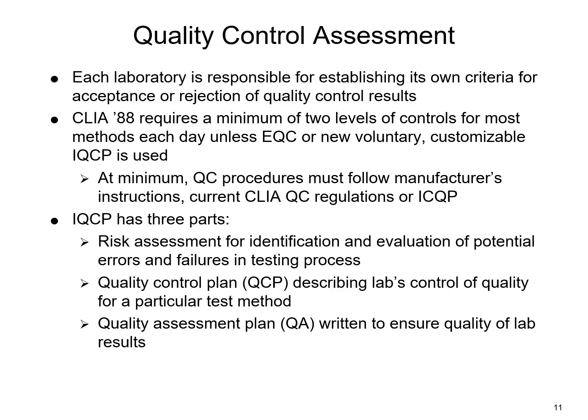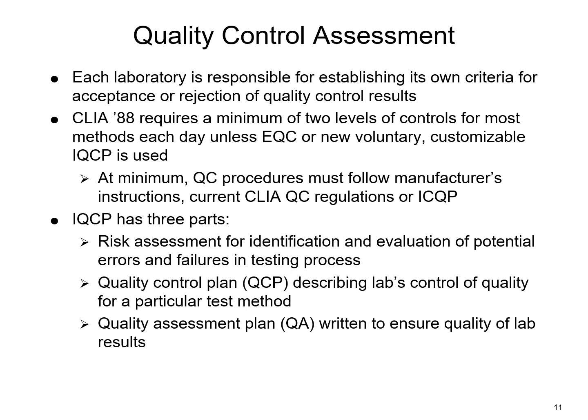So ultimately, each laboratory is responsible for establishing their own criteria of whether or not they're going to accept or reject any sort of quality control results. However, CLIA does state that you have to have a minimum of 2 levels of controls for each method of testing each day, unless you have some sort of equivalent quality control or the IQCP plan in place.